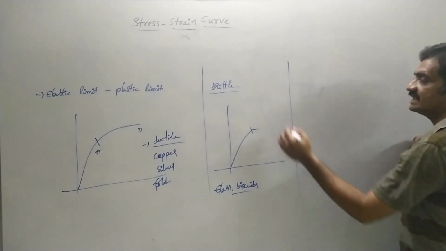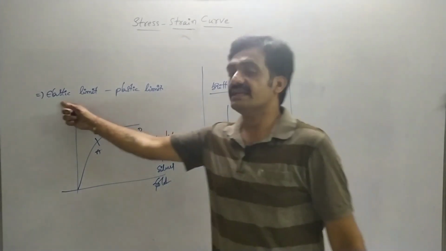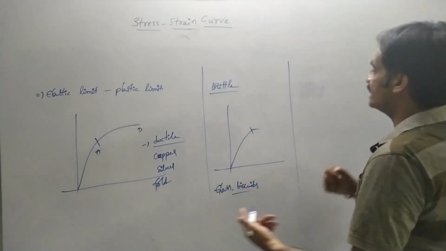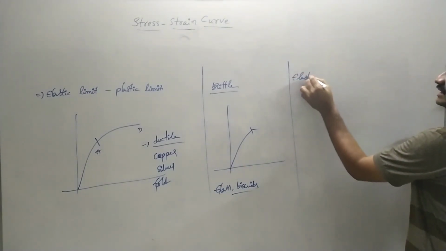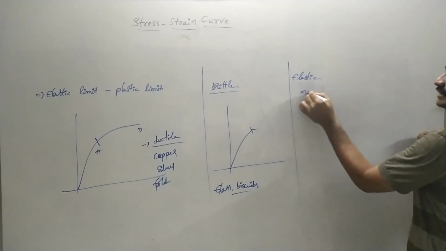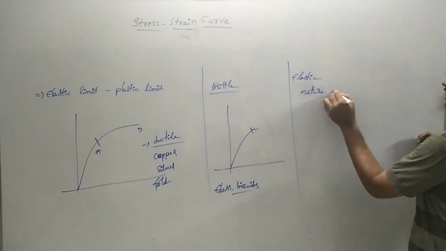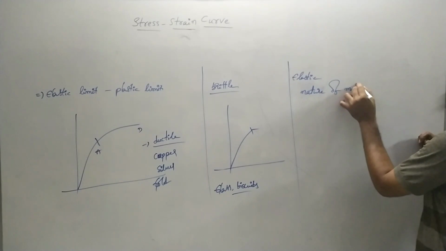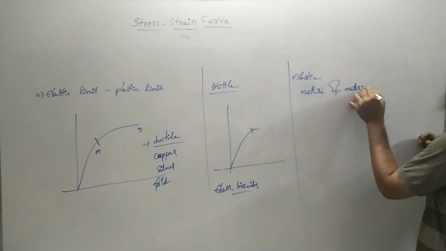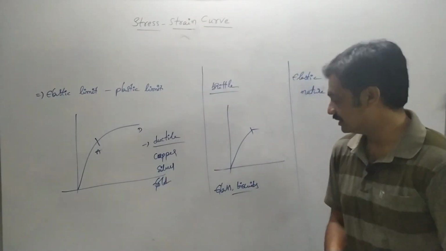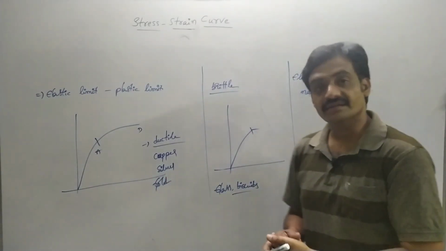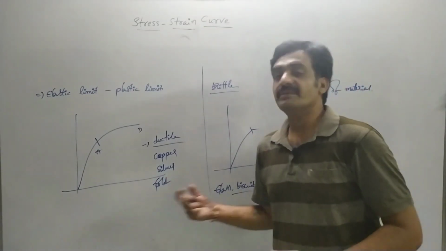Now, coming to the case of this elastic limit, this elastic limit depends on the nature of the material. Based on the material, we can represent the elastic limit, whether it is copper, silver, gold, glass, iron, or any other material.